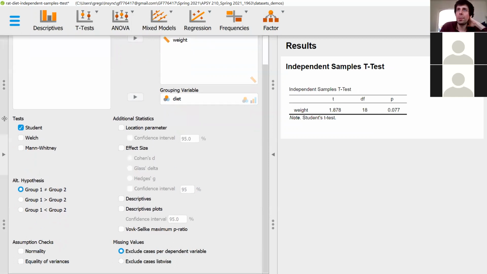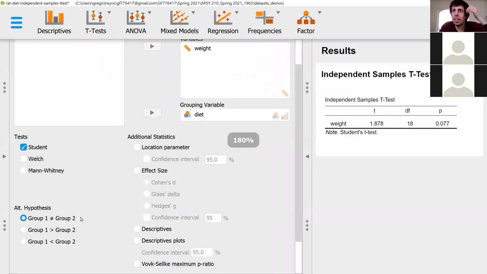Well, if you recall, we were doing a Student t-test. And here, this alternative hypothesis setting tells us what kind of tail test we want to do. So this is stating the tail test as three different research hypotheses.